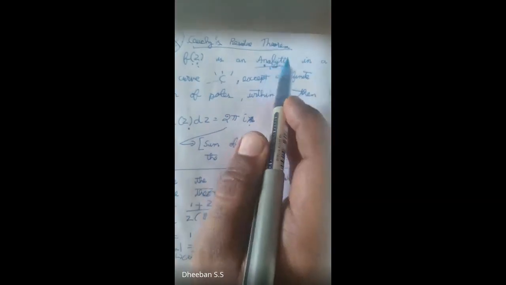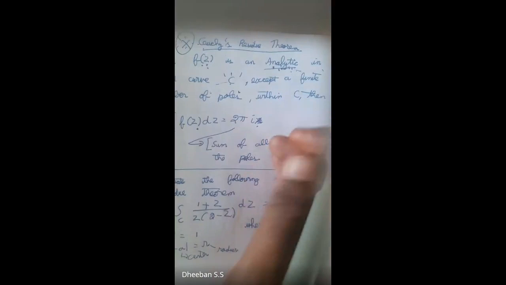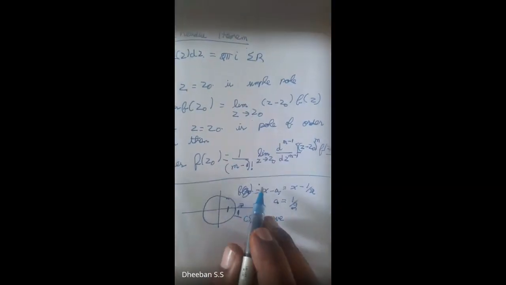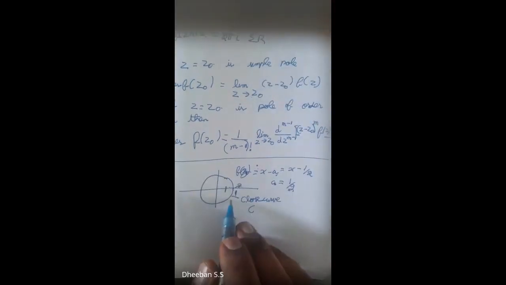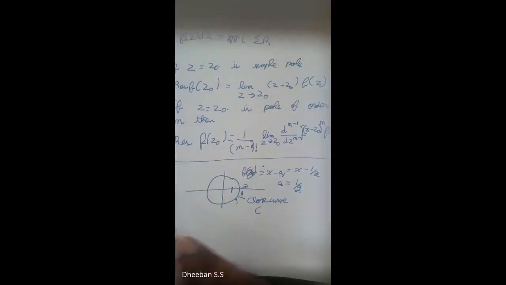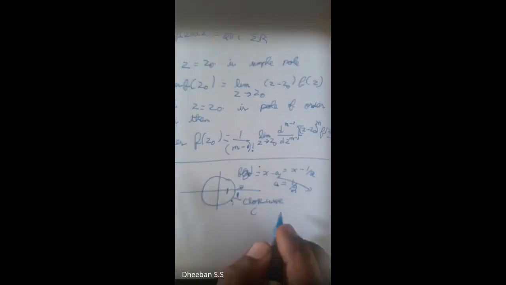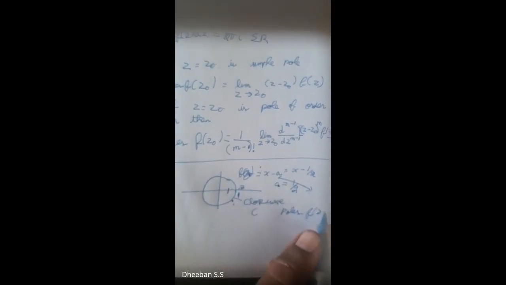The function I have shown you was an analytic function, and it was in a closed curve C. The first condition was that f of z must be analytic. The second condition was that it must be within the closed curve C. The third condition is that the poles of f of z must lie within this circle.